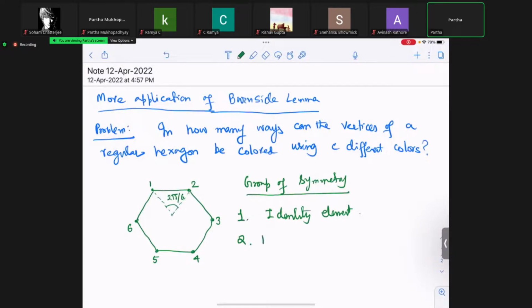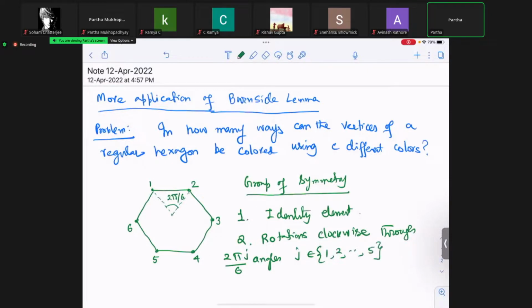So of course the rotations clockwise through 2 pi j by 6, these angles, where j varies from 1, 2 to 5. These are the rotations.